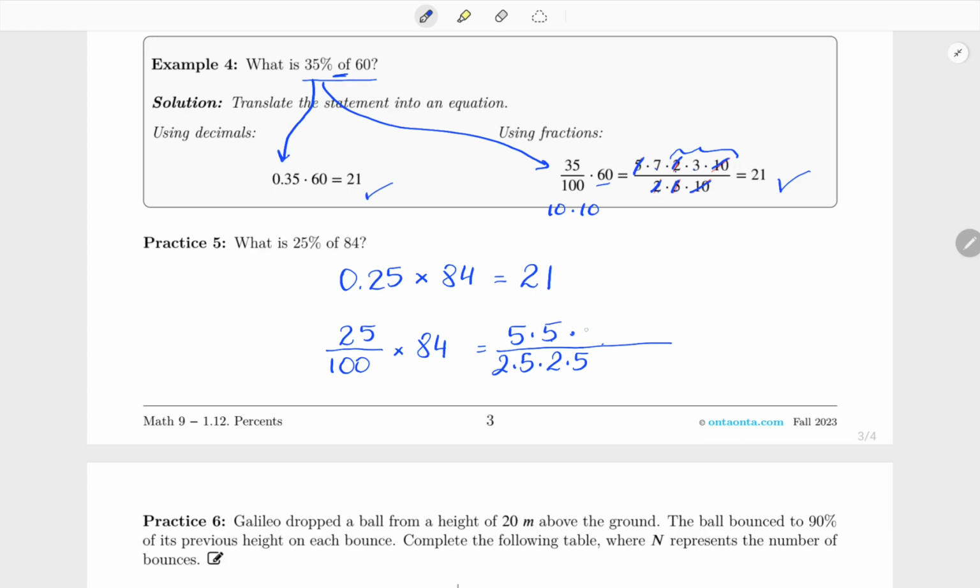We can divide it by 2 to get 42. 42 we can again divide by 2 to get 21. And 21 is 3 times 7. We cancel 5s, 2s, and we end up with 3 times 7, 21.